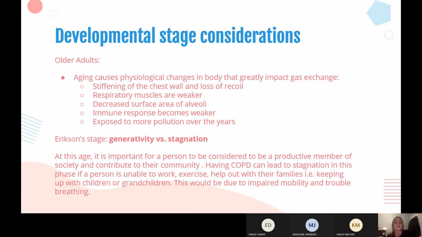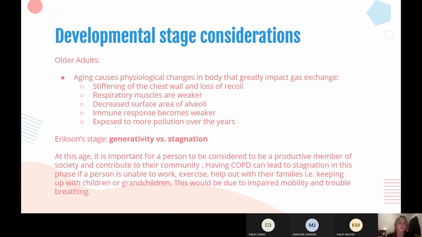So the developmental stage considerations. We'll focus on Erikson's stage in a second. We just wanted to note that when he's 57 years old, at that age, they're having issues with mobility already.